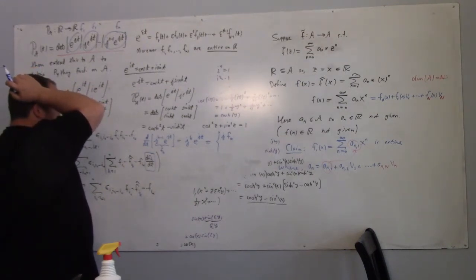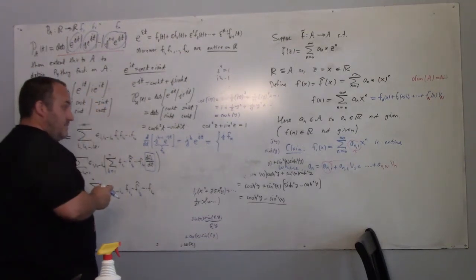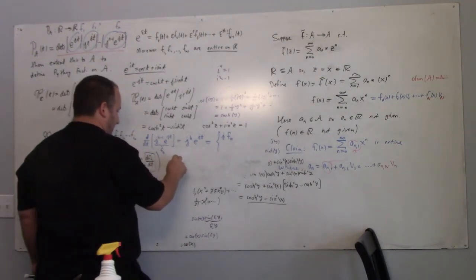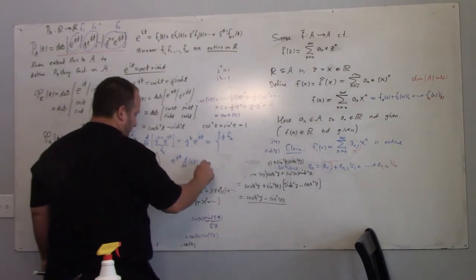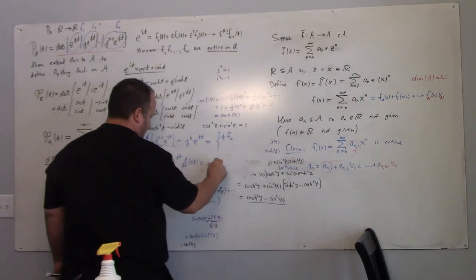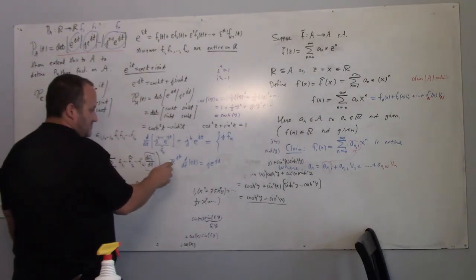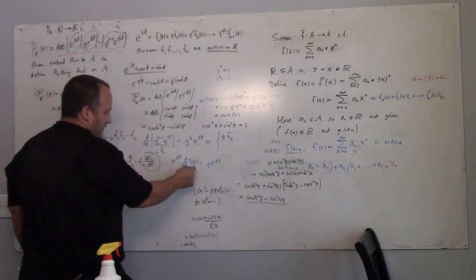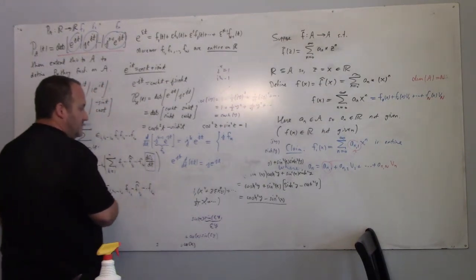You pull the j to the k one out, but if you differentiate e to the jt, you get e to the jt times d/dt of jt, which is j. If we differentiate jt with respect to t, that just gives you j.